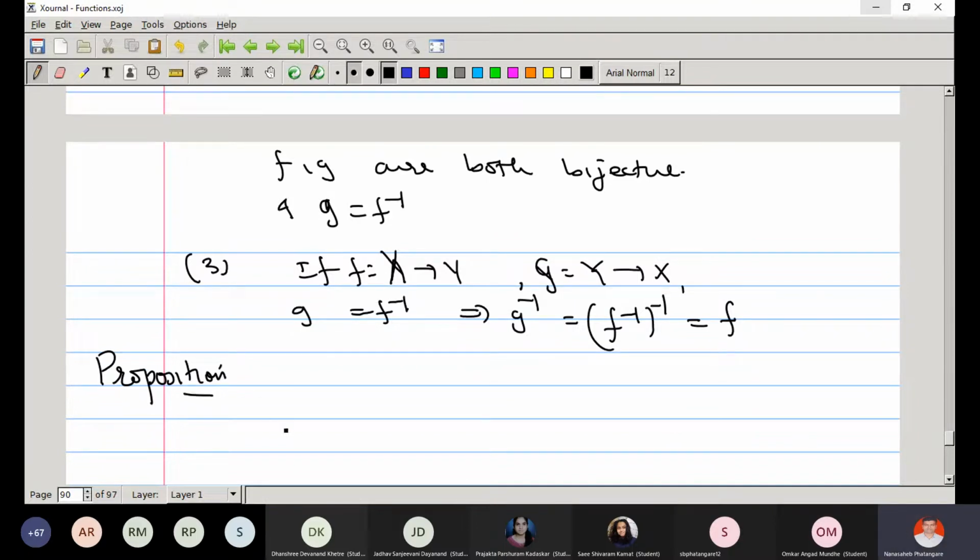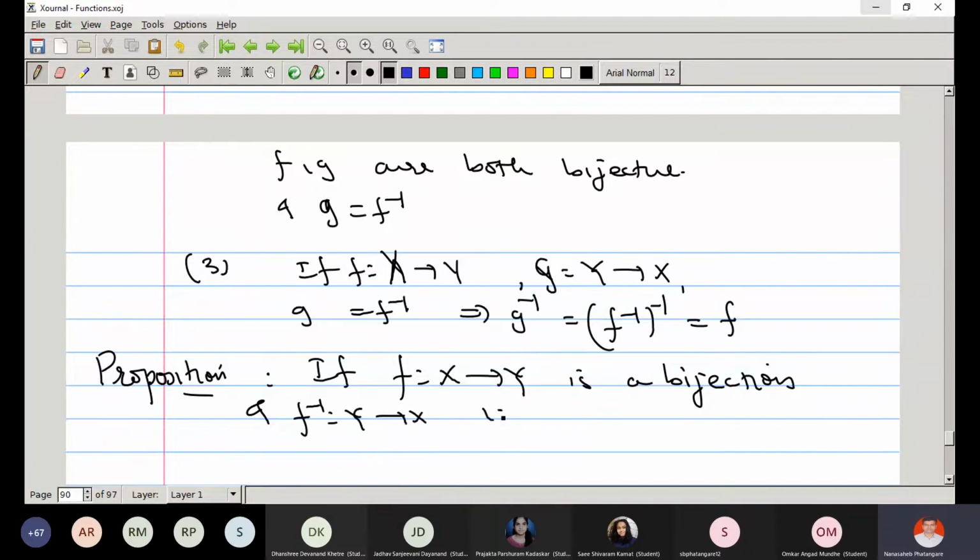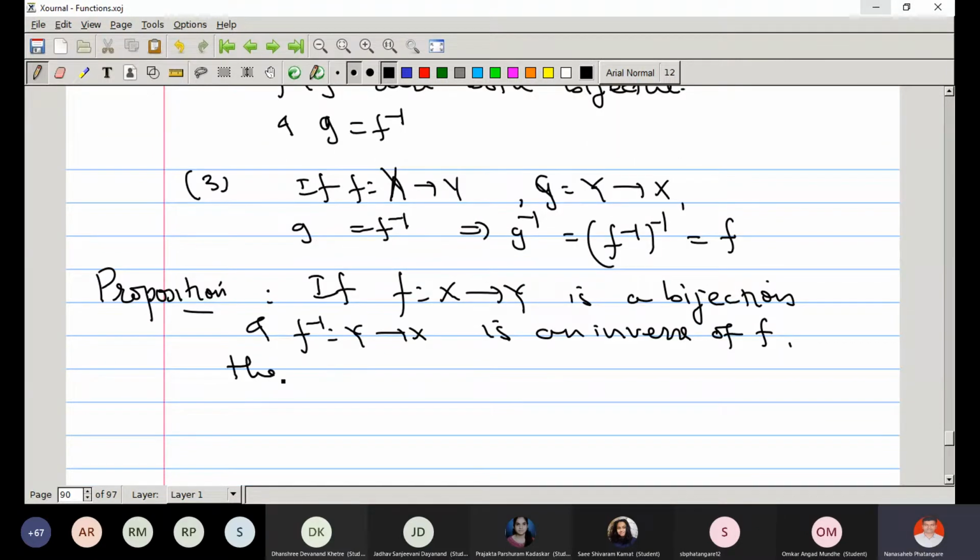So what is the proposition? If f from X to Y is a bijection and f inverse from Y to X is the inverse of f, then the inverse of f inverse is f.